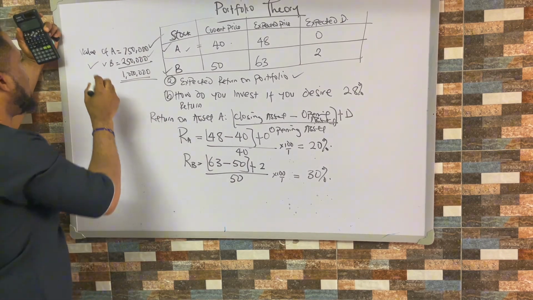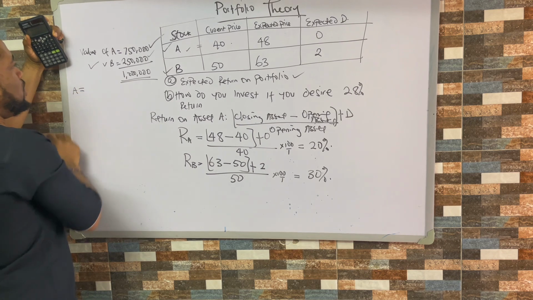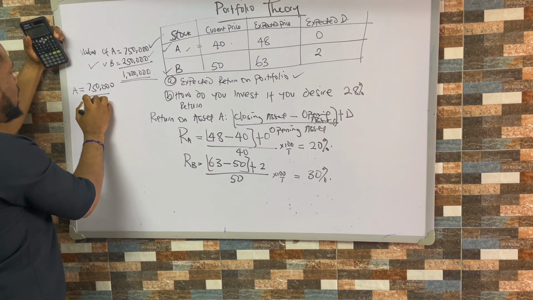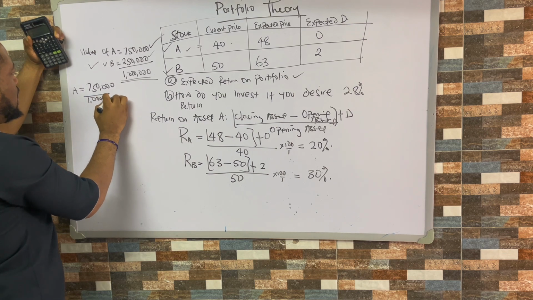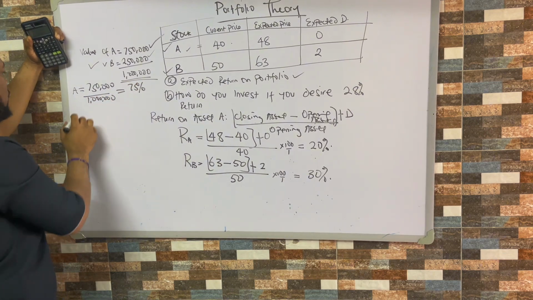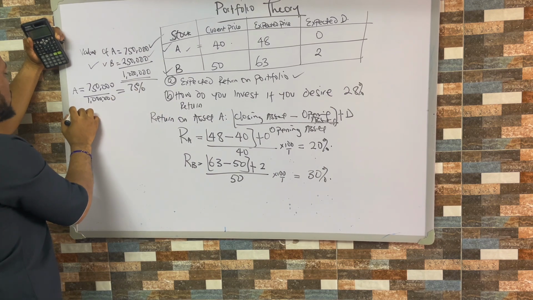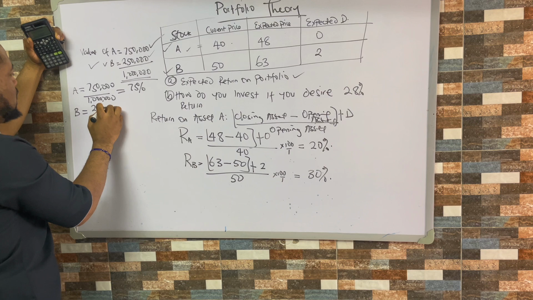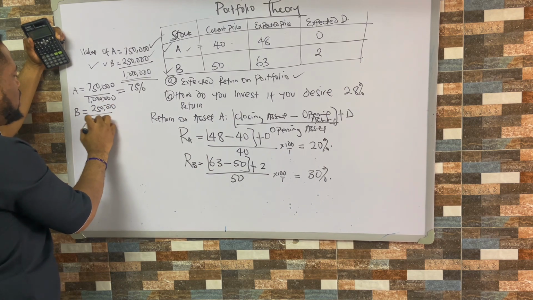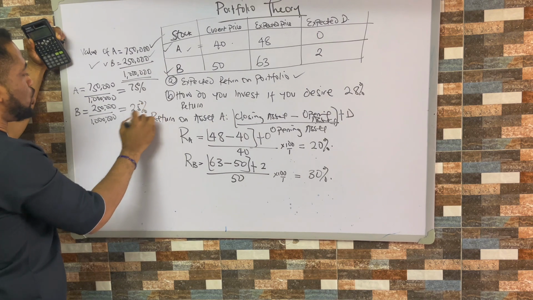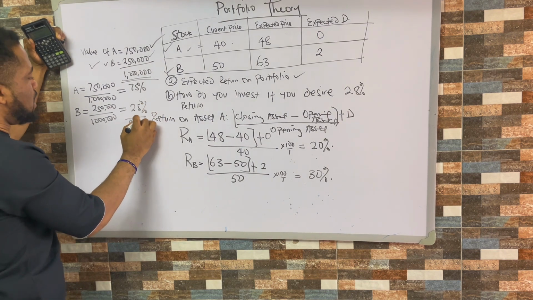So the weight of A should be 750,000 divided by 1 million, and that should give us 75% of the entire portfolio. If this is 75%, automatically the weight of B should be 250,000 divided by 1 million, and that should give us 25%. And the total of this should be 100%.